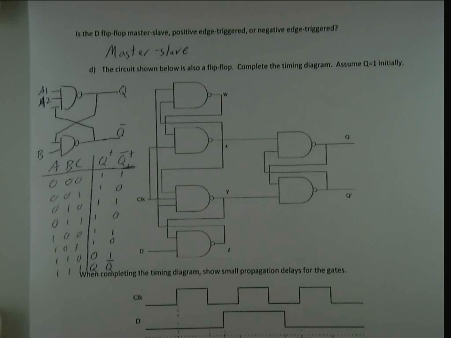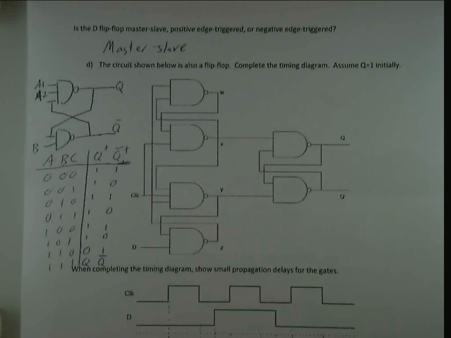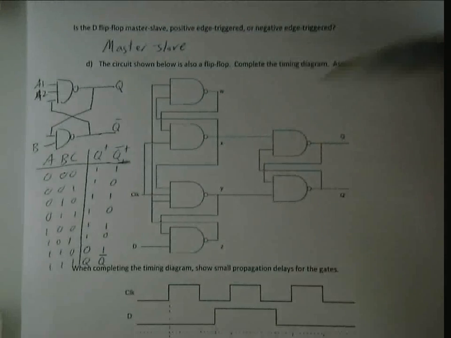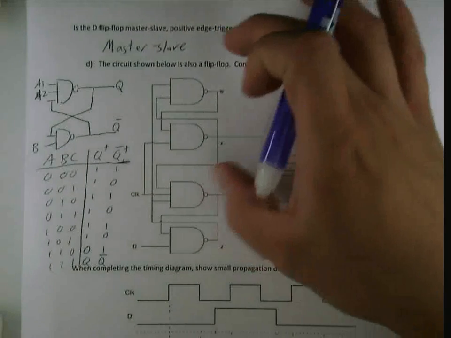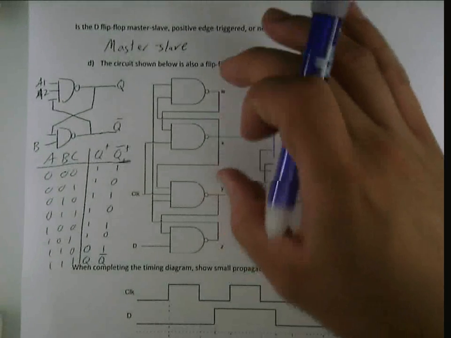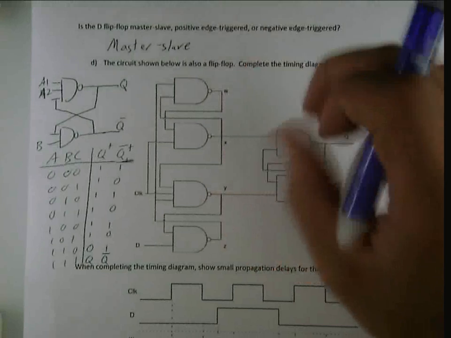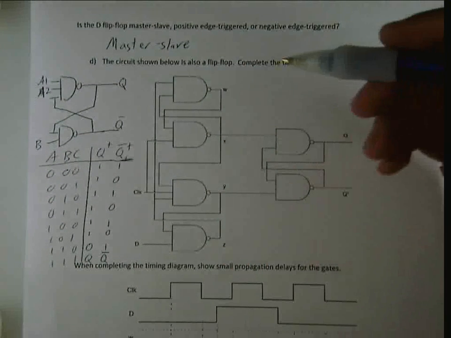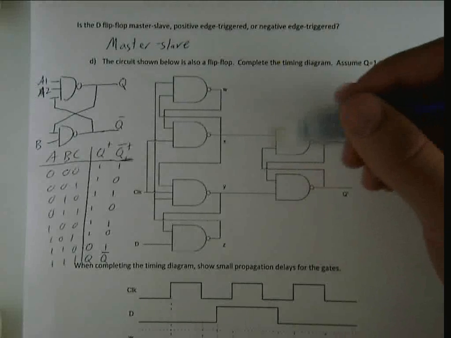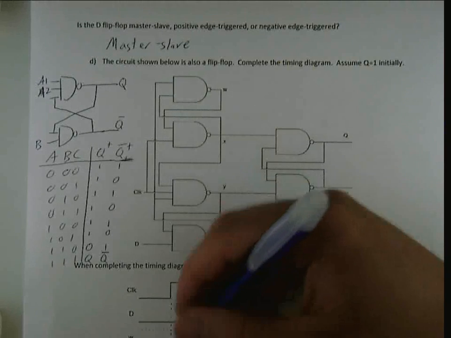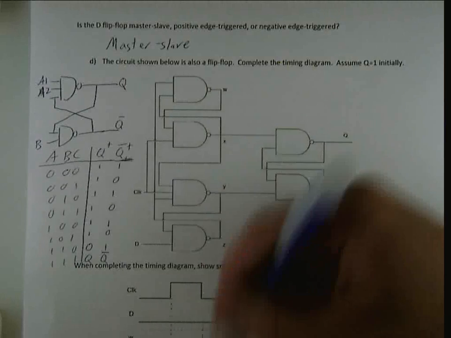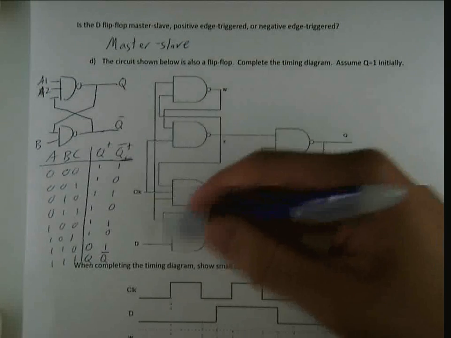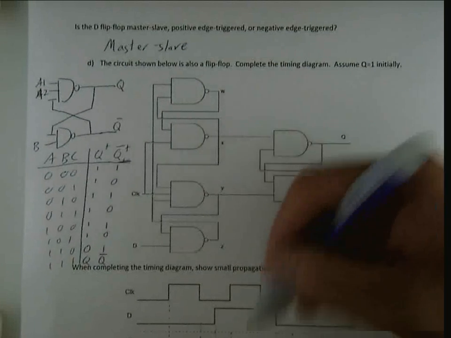At this point, a skill you really need to learn is abstraction, where you think of sets of gates as chunks rather than as individual components. I'm going to approach this problem from that perspective. To help me out, I've put dotted lines every time one of the two inputs to my circuit, the clock and the D, changes.